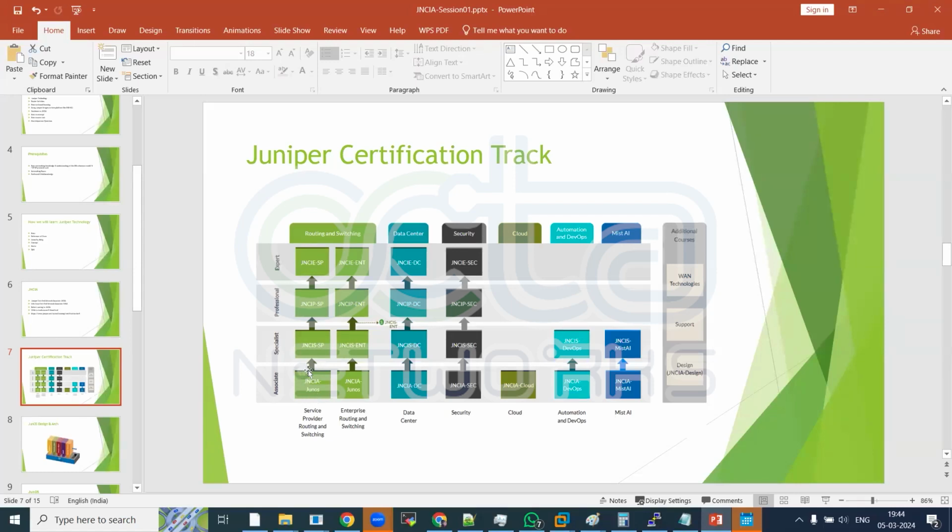Even if you don't, at least you can put this in your resume as a beginner in this career. This technology is heavily used in service providers as well as in some data centers and enterprise businesses. So having this knowledge or portfolio in your resume is very beneficial for you.